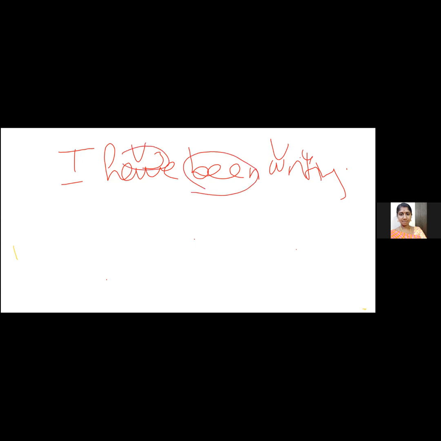Now we go with the present perfect continuous tense, very simple. I have been writing. Here we use V3 and V4. Have plus V3 we use, but instead of the V3 verb, we use been.